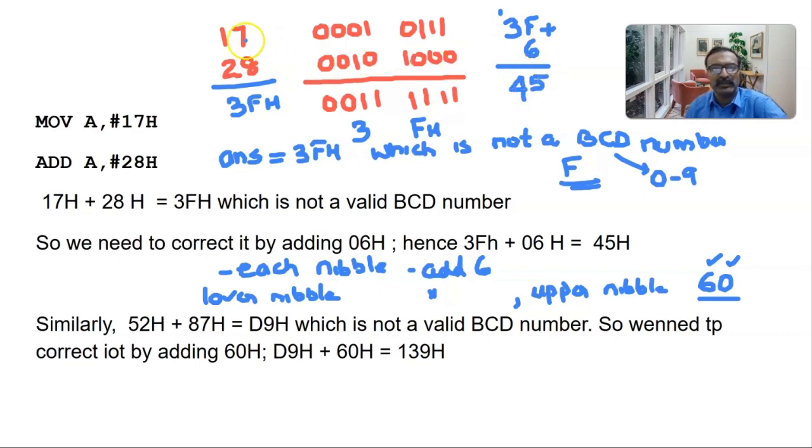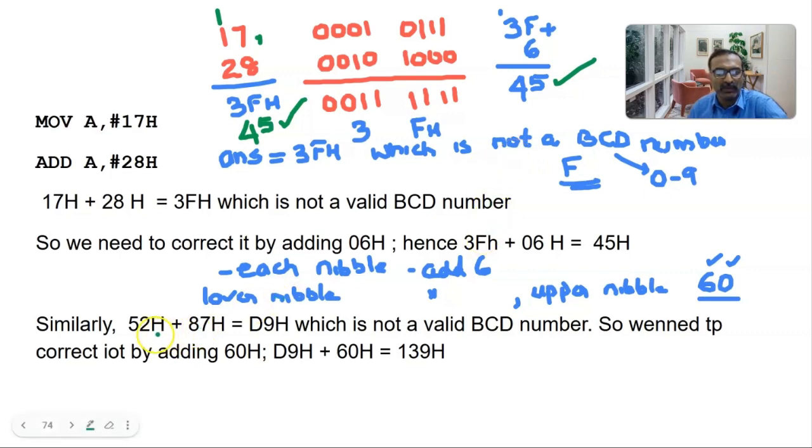Can you see that? 17 plus 28, what is it actually? 7 plus 8 is 15, carry 1. 1 plus 2 is 3, plus 1 is 4. 45. So this is the correct answer which we get here. So to get the correct answer in BCD addition, we have to add 6 to the lower nibble, and similarly if it is in the upper nibble, we have to add 60.